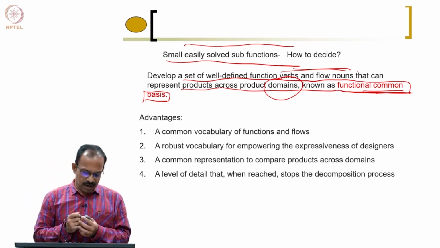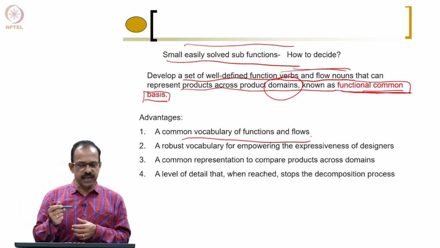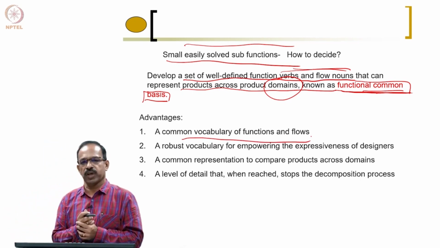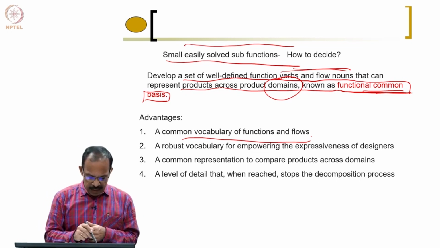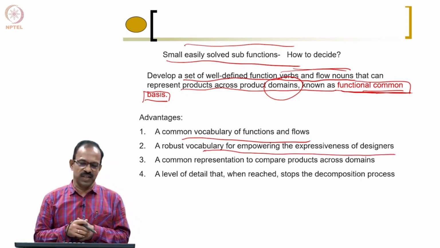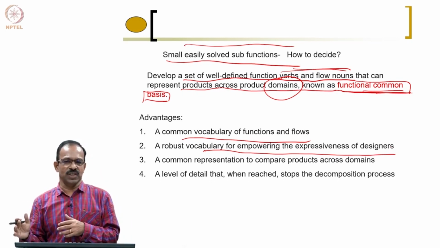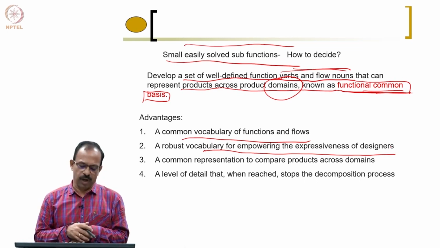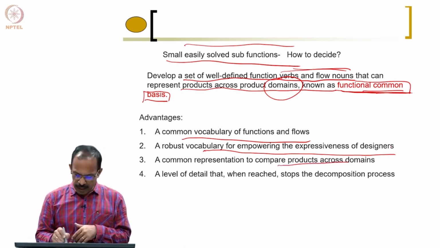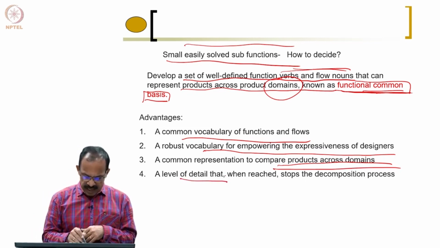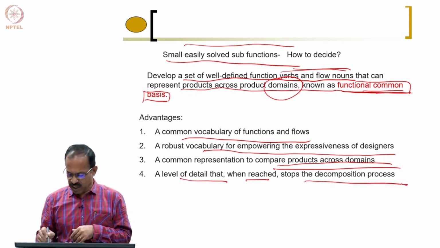And the advantages are basically a common vocabulary. So, as I told you, independent of the domain you can have a common vocabulary of functions, and you can have a robust vocabulary for expressiveness of a designer. So, it is very robust, so that any designer will be able to understand and represent the function using this vocabulary. And across domains you can compare the products and functions, and a level of detail that when reached stops the decomposition process.